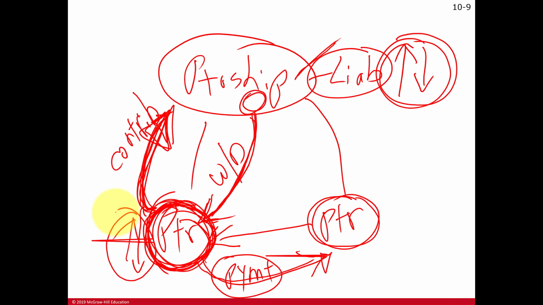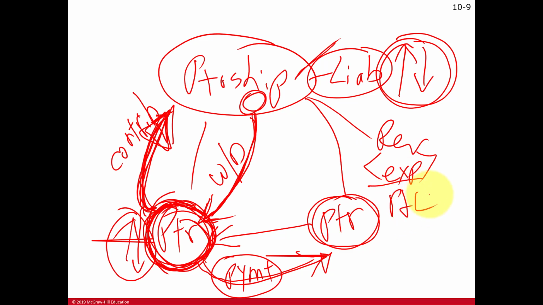A couple more examples of changing the adjusted cost basis. Again, the partnership has revenue, expenses, profits and losses, and the partnership doesn't pay taxes on this income. It's the partners that pay taxes. So this profit and loss has to be reported by the partners, his or her share, like we learned in the last chapter. When the partners are allocated income, net profits, that'll increase the partner's basis.